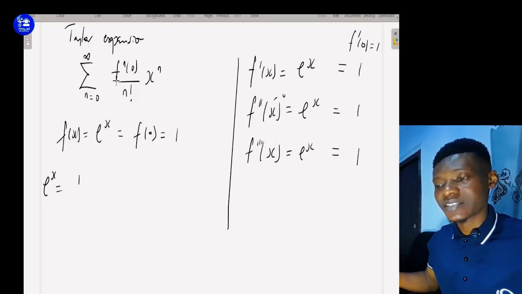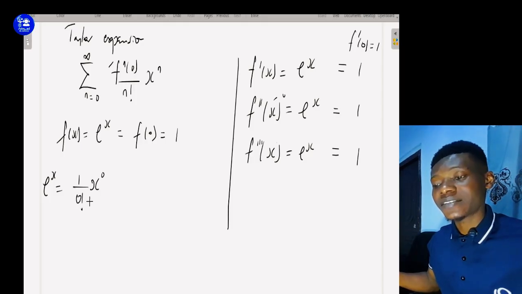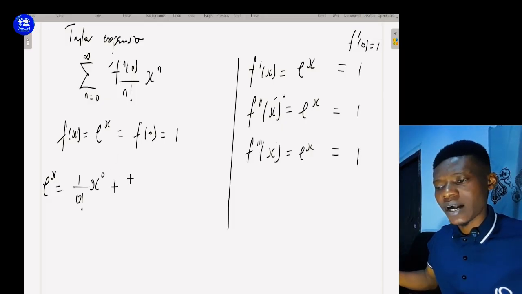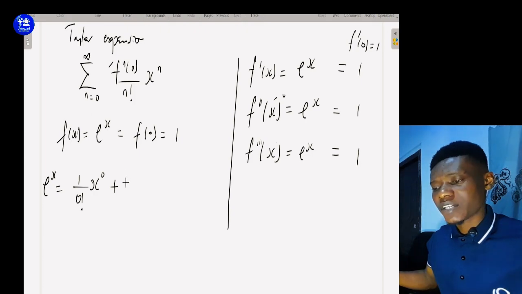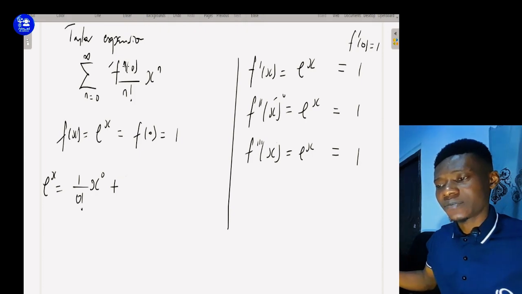So it means this here is 1 over n factorial when n is 0, that is 0 factorial, times x raised to power 0, plus, because of the summation here, you have the next one, which is f1.